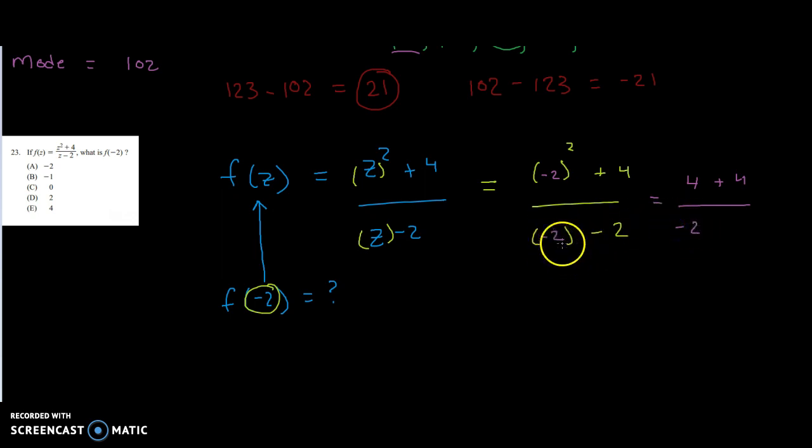Negative 2 minus 2 gets us to 8 over negative 4. So then finally, to simplify this a little bit, 8 divided by negative 4 would be negative 2. So that is going to be our answer.